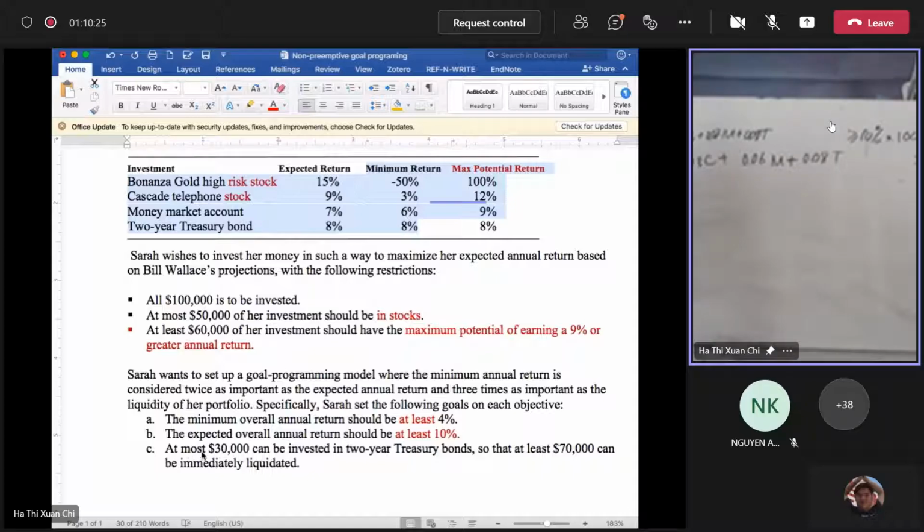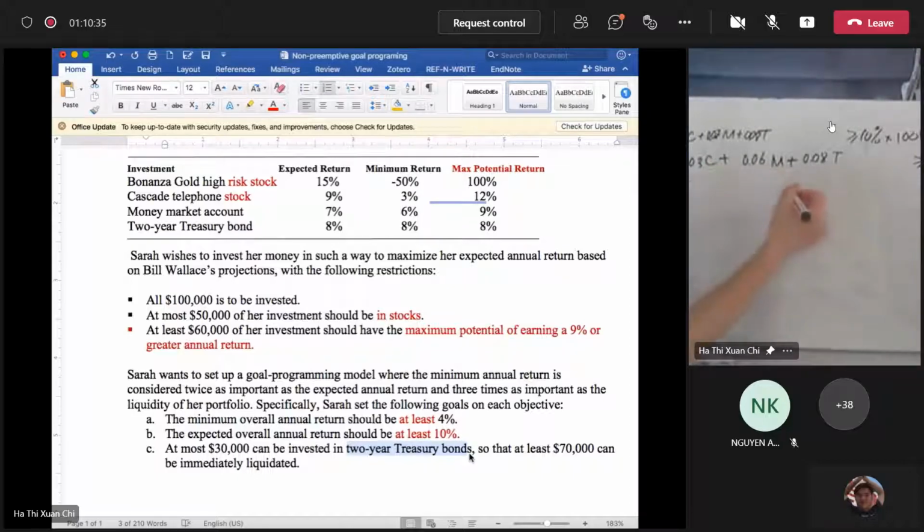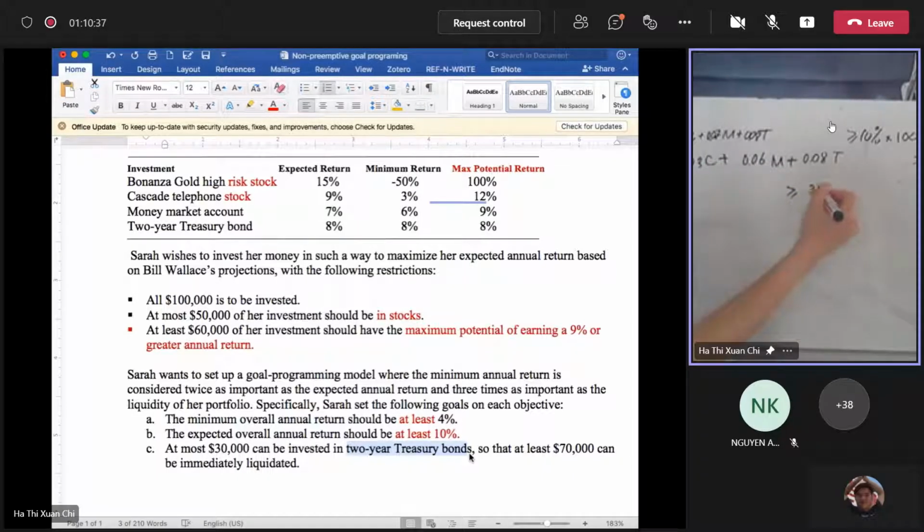So lastly, here, that is the 2-year treasury bond. The 2-year bond should be at most 30, okay, right? That is the goal program, the goal objectives, following the goal for each objective.